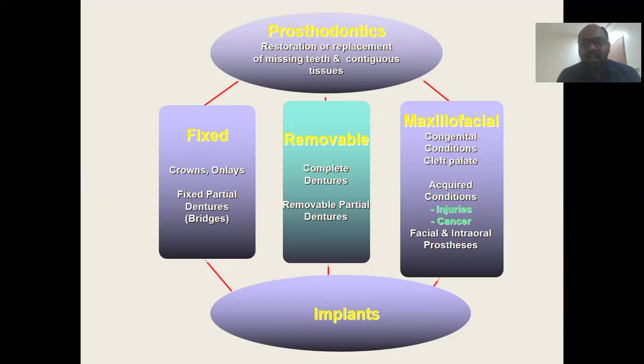Prosthesis is basically replacement of any missing structure in our body by means of an artificial structure. So prosthodontics largely refers to replacement of missing teeth and its related structure by means of artificial prosthesis.